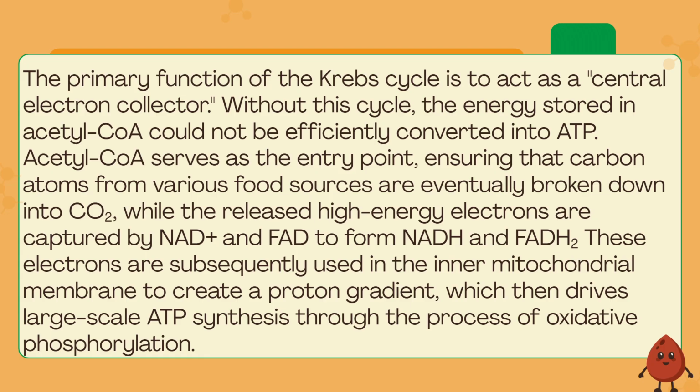Acetyl coenzyme A serves as the entry point, ensuring that carbon atoms from various food sources are eventually broken down into CO2, or carbon dioxide, while the released high energy electrons are captured by NAD+ and FAD to form NADH and FADH2. These electrons are subsequently used in the inner mitochondrial membrane to create a proton gradient, which then drives large-scale ATP synthesis through the process of oxidative phosphorylation.